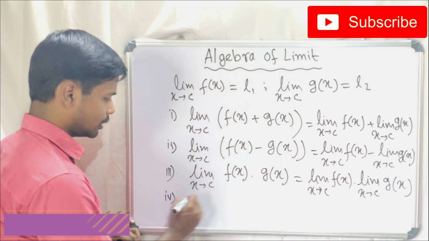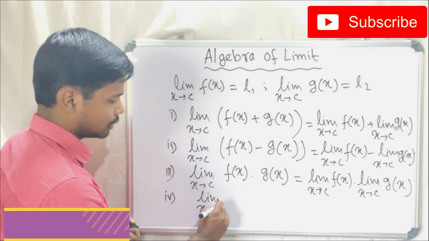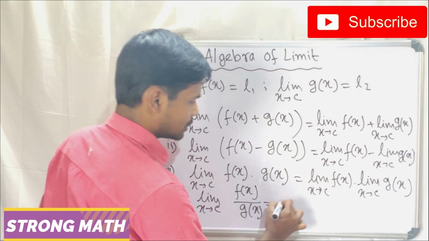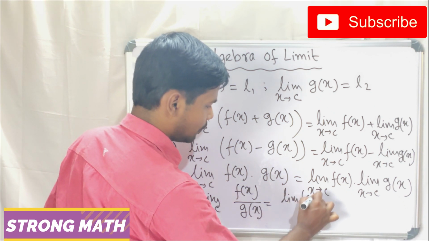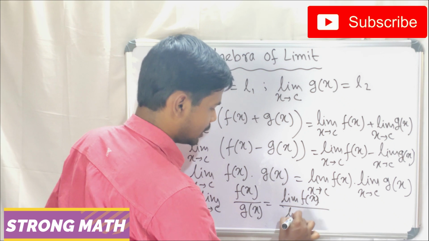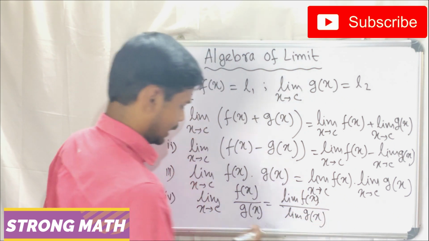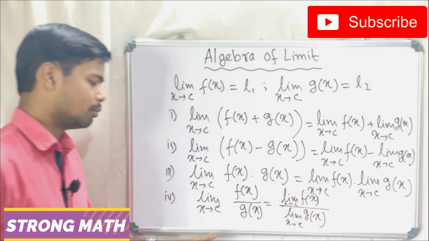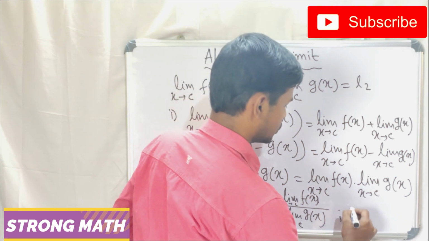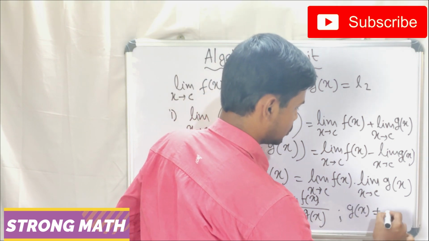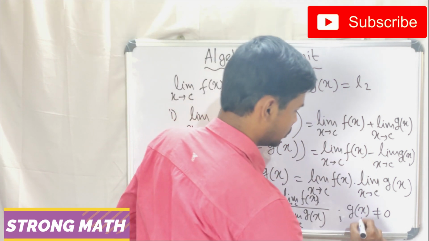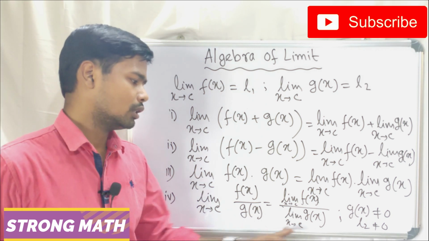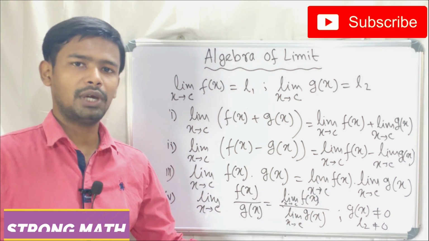Similarly for division, if we take the limit of the division of two functions f and g, that is f of x by g of x, it equals the limit of f of x by the limit of g of x at the same point, x tends to c. You have to remember that here g of x is not equal to 0, provided g of x is not 0 and the limit of g of x, which is L2, is also not 0. If g of x or the limit of g of x becomes 0, then the division will be undefined.